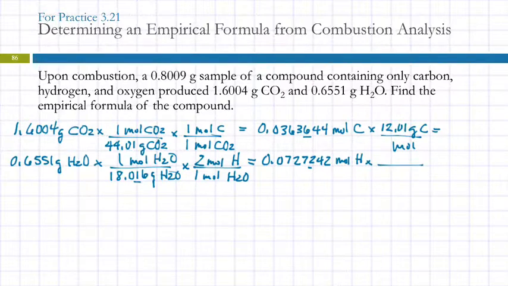And this one would be 1.008 grams of hydrogen per mole. I'm going to do the bottom one because I still have that number in my calculator. So that's 0.073306 grams of hydrogen.